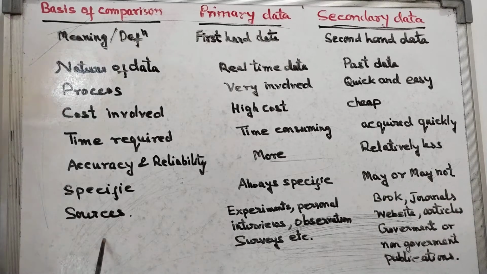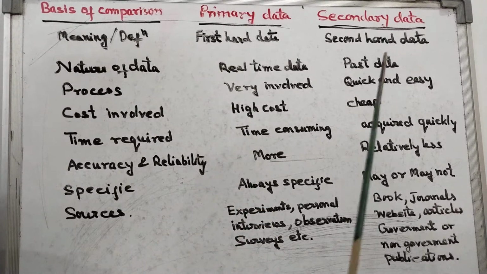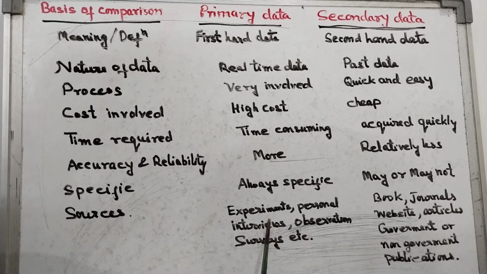Then the sources, what are the different sources of primary data and secondary data. The sources of primary data are experiments, personal interview, observation, survey. That means when we go for primary data, either we do the experiment, or we go for personal interview, or we observe, or we do the survey and we collect the primary data.